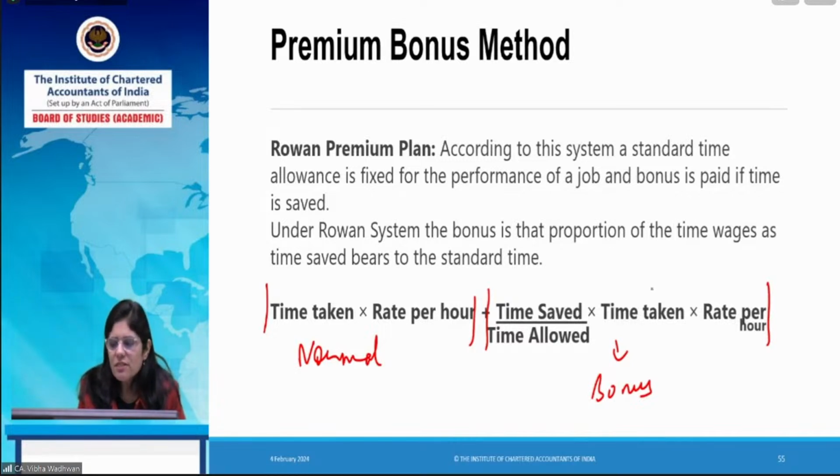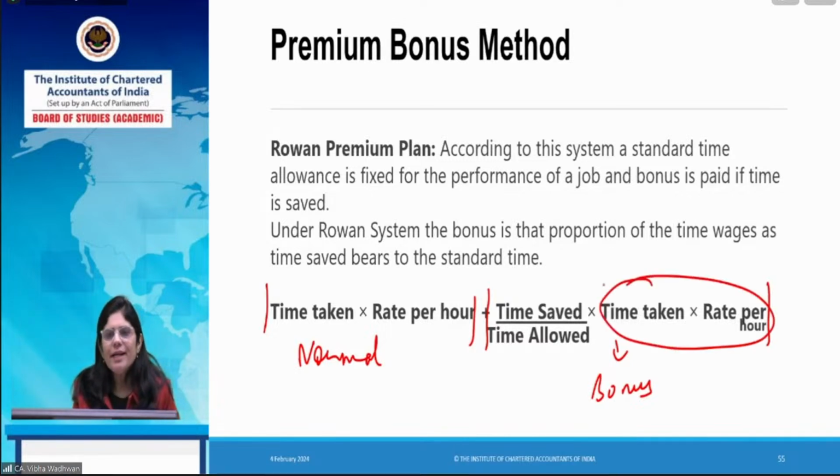So whatever is your total wages, you will get an extra proportion in the ratio of time saved to time allowed. That is, how much percent you have saved. Based on the percent of time you have saved, you will get that percentage of your normal wages extra. Clear? So this is the bonus part.